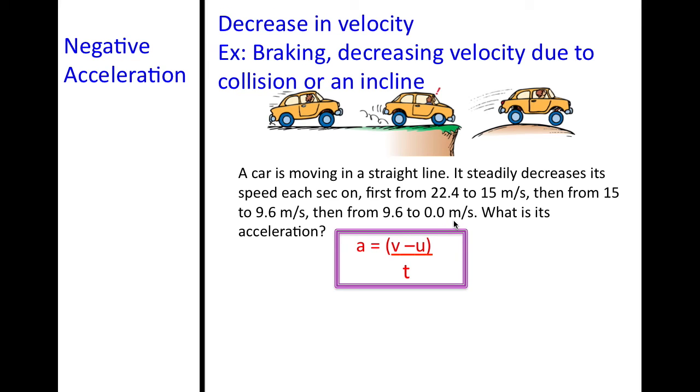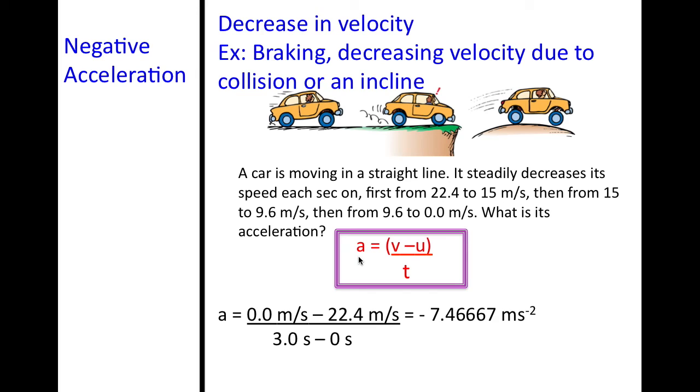What is its acceleration? So let's take the equation here, and we have its final velocity, which is 0, and its initial velocity, which was the very first piece of information they gave us, which was 22.4 meters per second. And then we're going to divide that by the total time. We know that's the first second, second second, and third second.